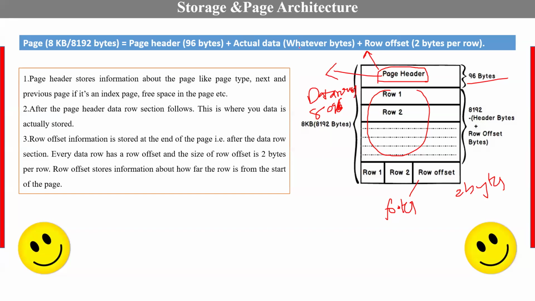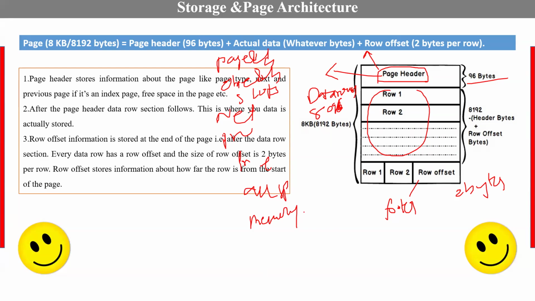Your page header contains page information, page ID, object ID, slots (how many rows are available is nothing but slots), next page, previous page, free space, allocated space, and memory information. All that information will be available in the page header.